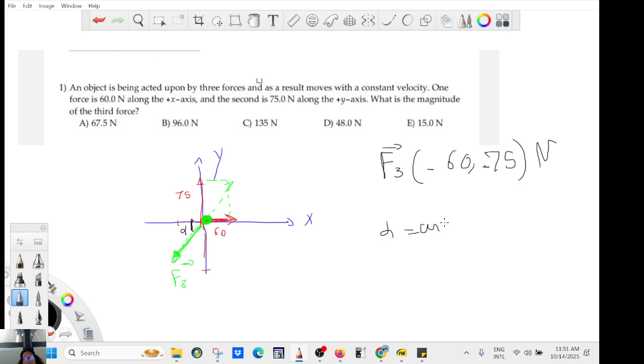So that will be arc tan of 75 over 60. Is that right? And then you have to find this angle.